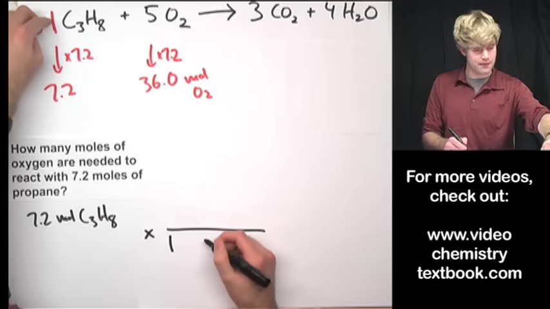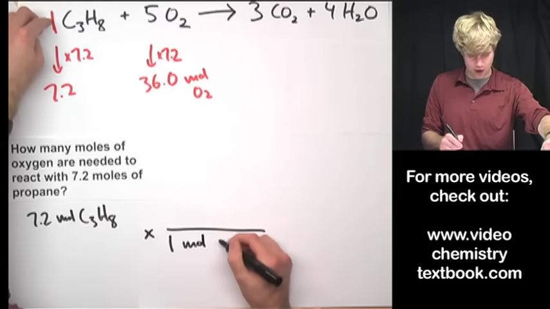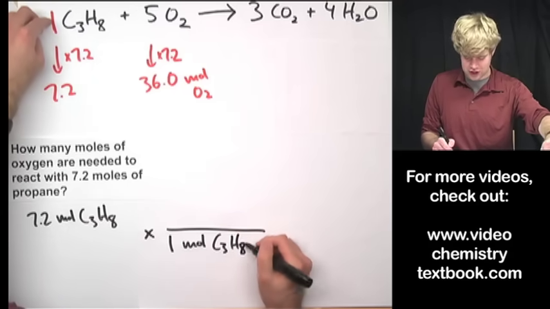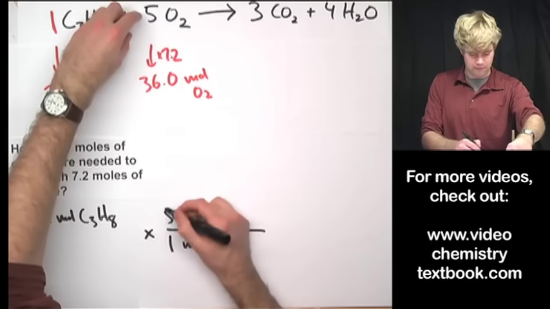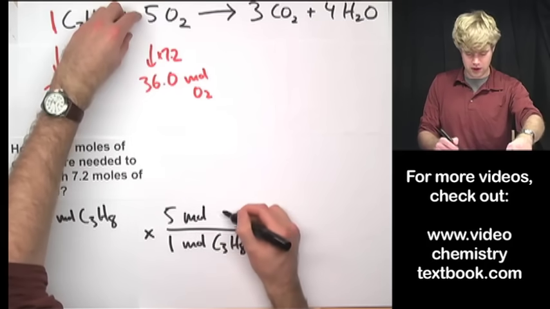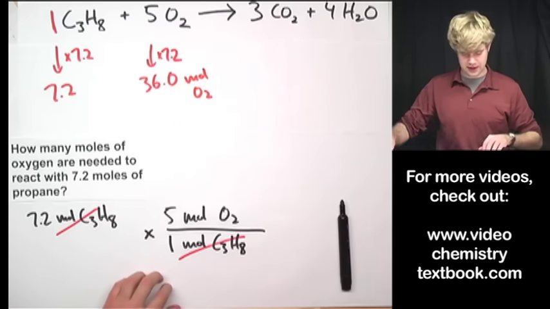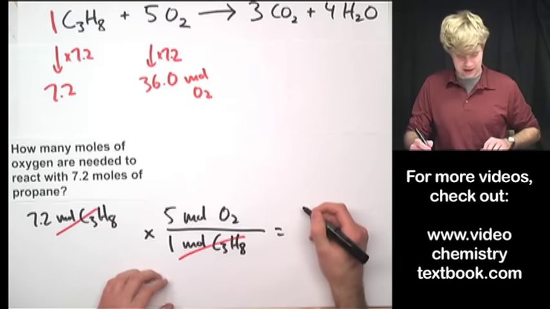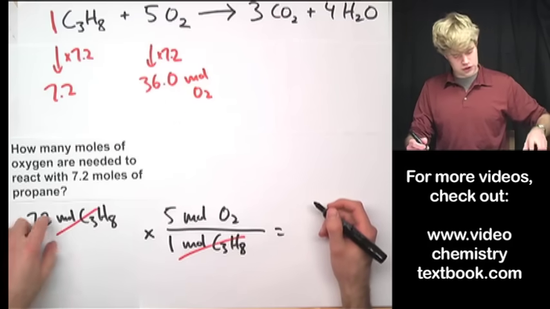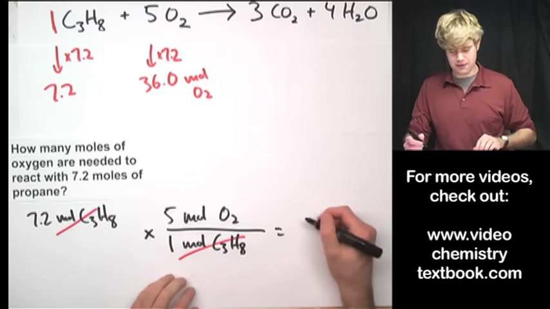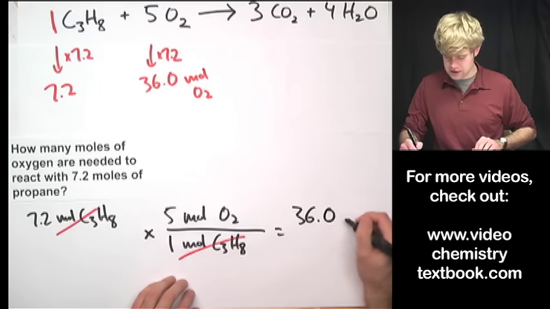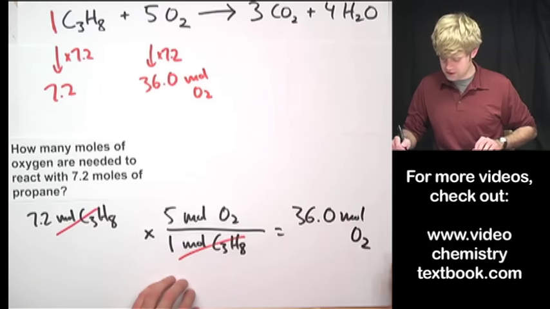So I'm going to say 1 mole, I'm getting it from right here, 1 mole C3H8 below 5 moles of O2. This cancels out, it's on top. This cancels out, it's on the bottom. And it gives us 7.2 times 5 divided by 1 equals 36.0 moles of oxygen.